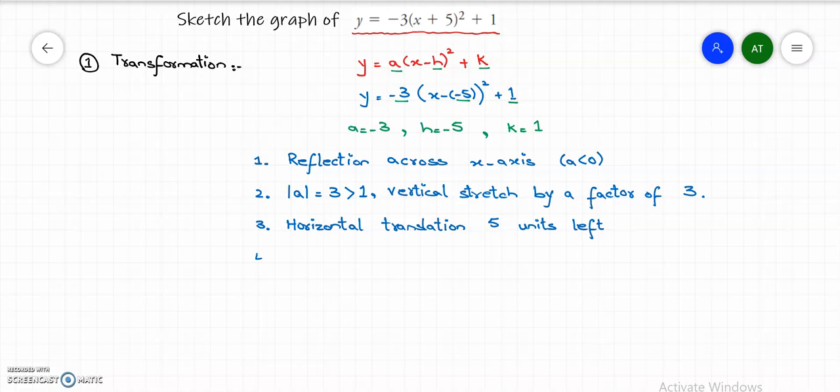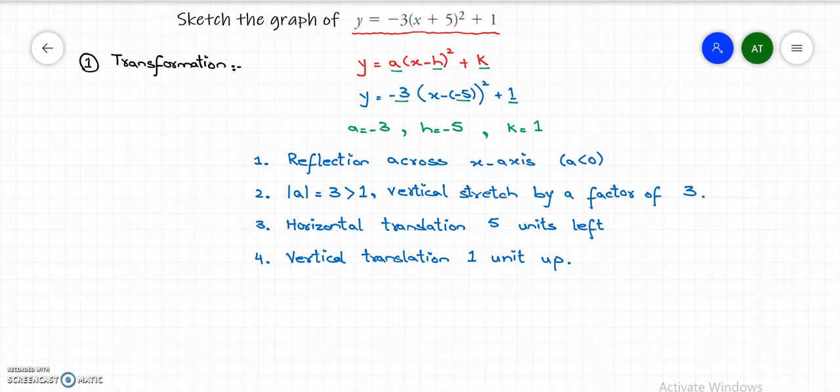Okay, now the fourth transformation is the k value. The k value deals with the vertical translation. Vertical translation can be up or down, depending on the sign of the k value. So since k is +1, we have a vertical translation 1 unit up. Okay, we are done with the transformations.